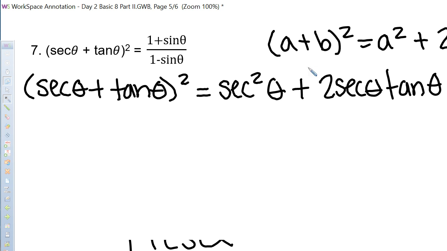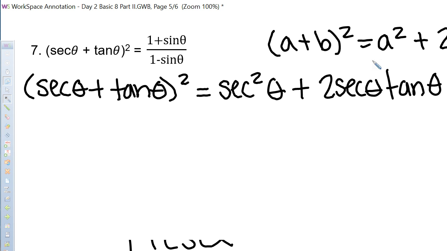And when we square the last term, what do we get? Tangent squared of theta. Any ideas? What can we do next? Change everything to terms of sine and cosine.